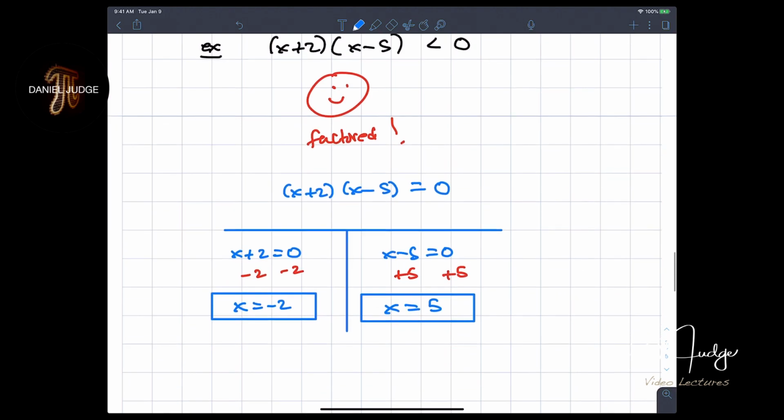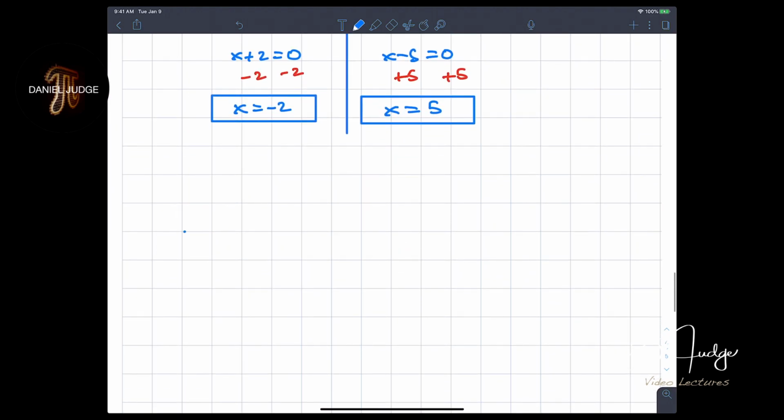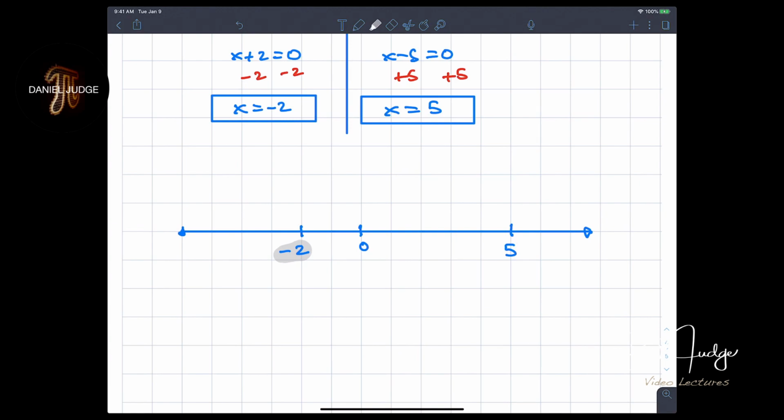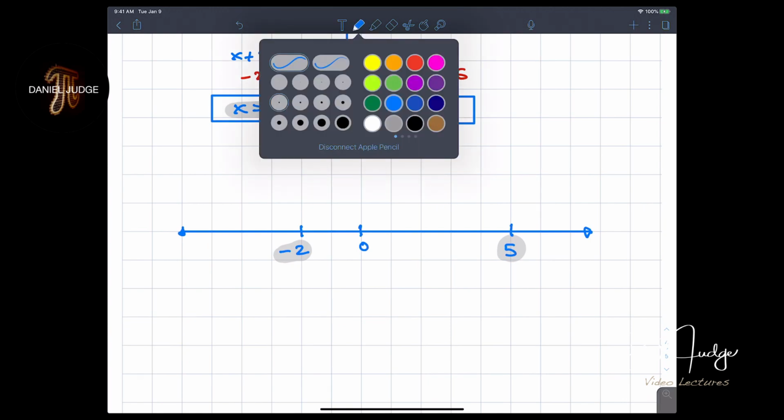So partitioning is you're going to go back to that real number line. You say, here's my real number line. Here's 0, negative 2, positive 5. So the partition is defined by negative 2, positive 5. These are the values you found here. So draw a partition. It's an imaginary partition.